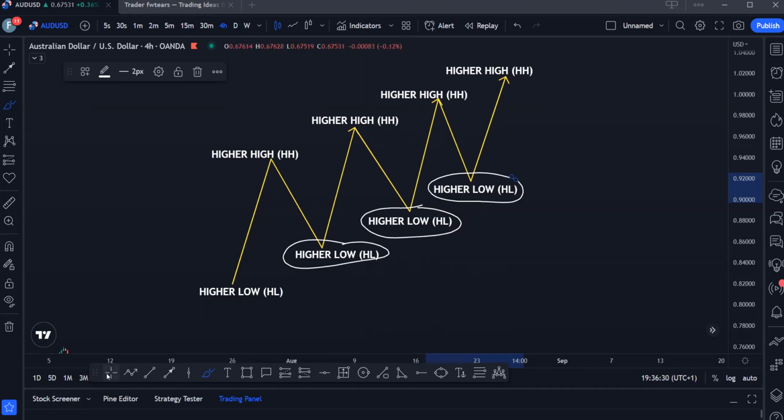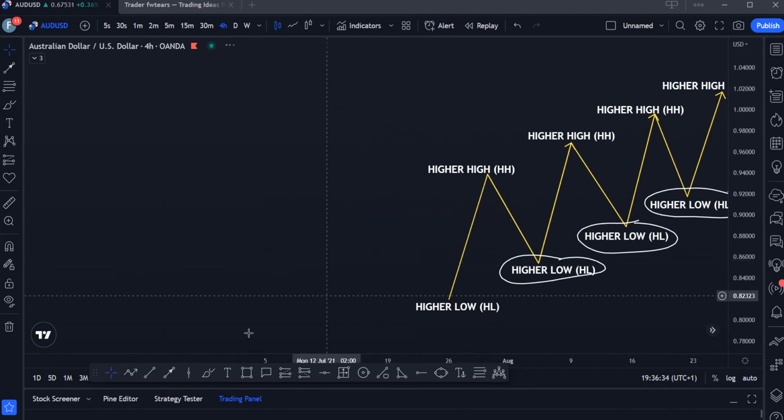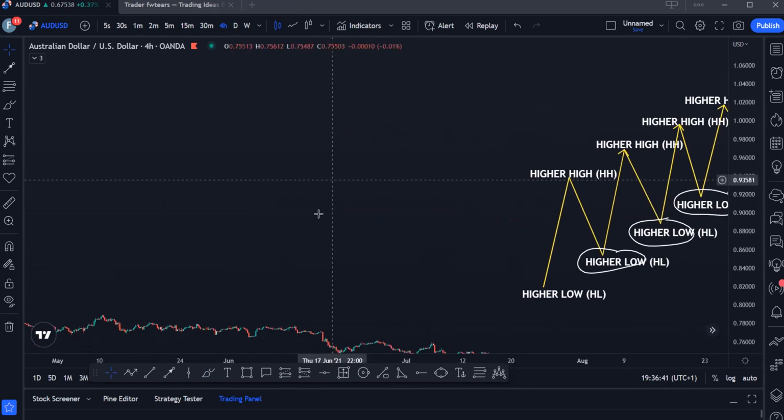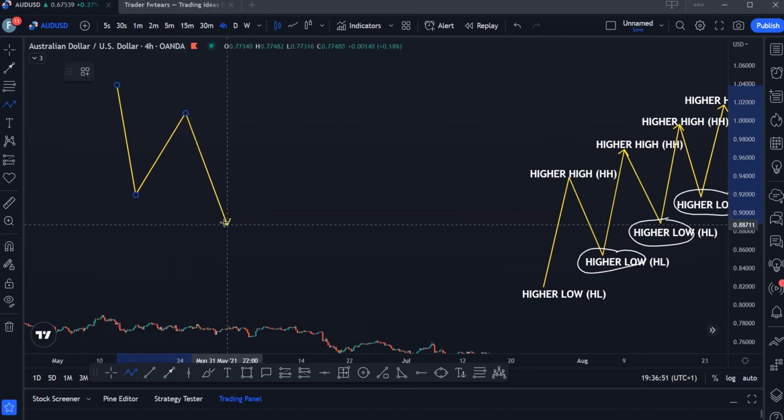And on the flip side, if price is in a downtrend, you want to be looking for what? Sell opportunities, all right? So a downtrend will look like this, okay? Let's break down the details of a downtrend. It looks like this, right?